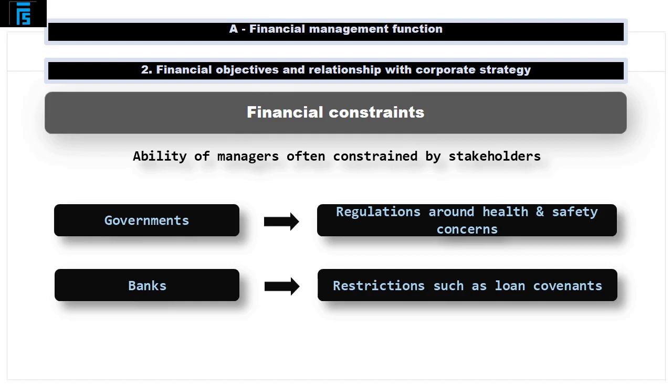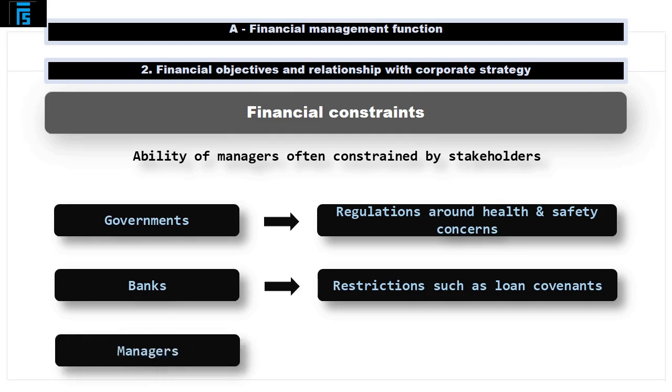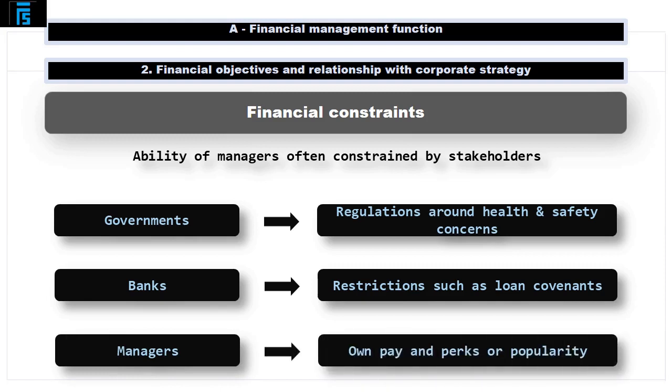For example, they may limit the size of dividends or restrict the amount of other borrowings. Managers themselves may have their own agenda in terms of their own pay and perks or popularity. This is referred to as the agency problem and may be overcome either by good corporate governance or by incentivizing them in a way that benefits shareholders, for example, share options.